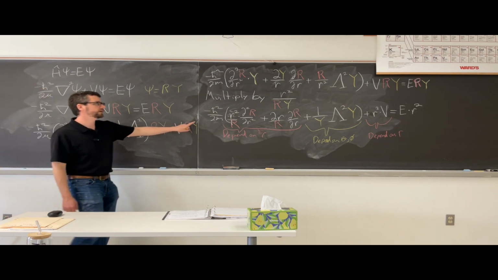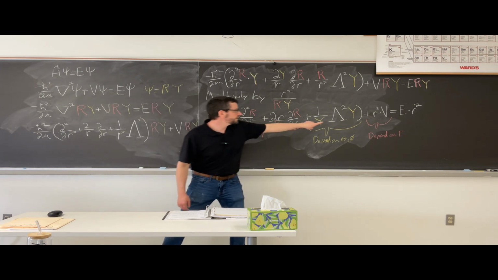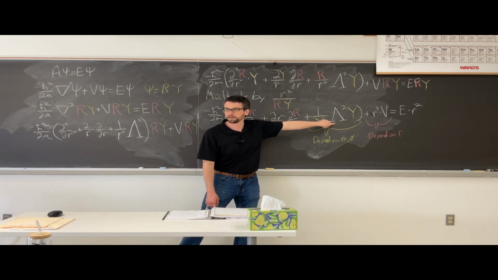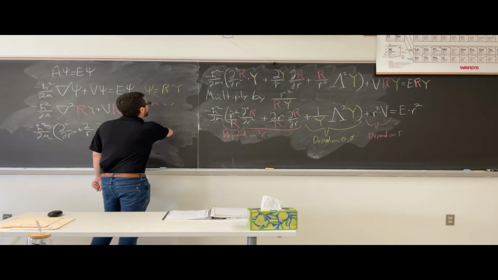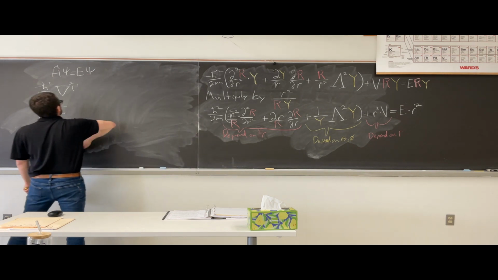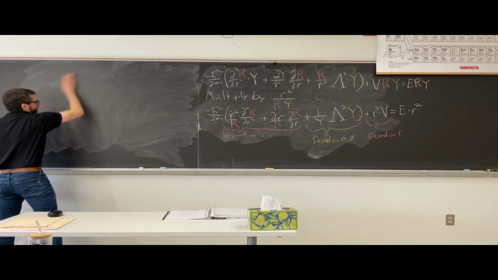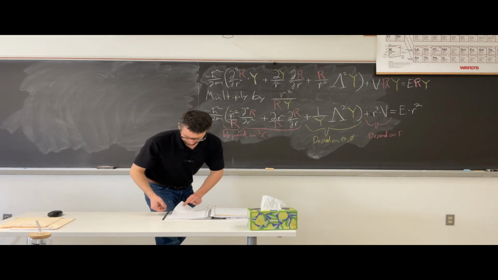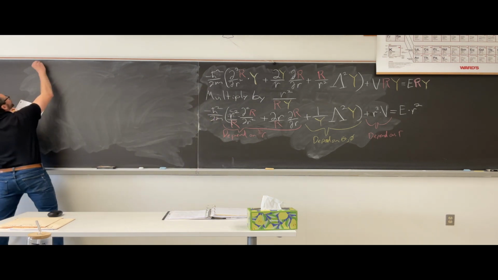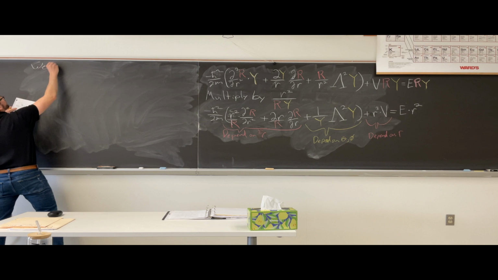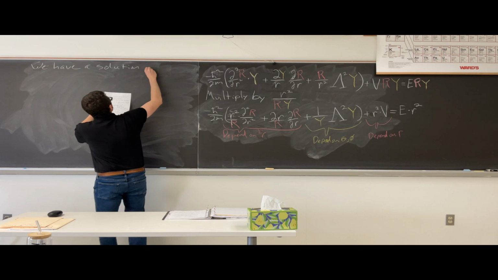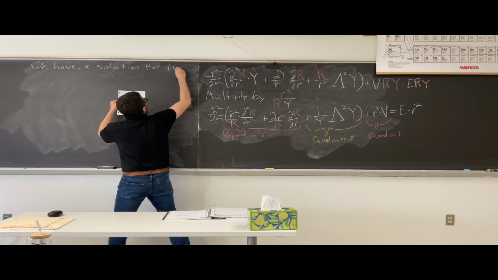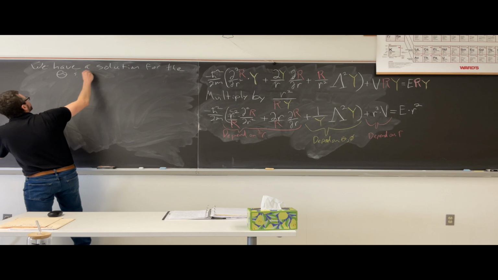The cool thing is we've already done this with our last model system, particle on a sphere. We've already solved the Schrodinger equation for that. So we can utilize that to our advantage. So we have a solution for the theta and phi part.